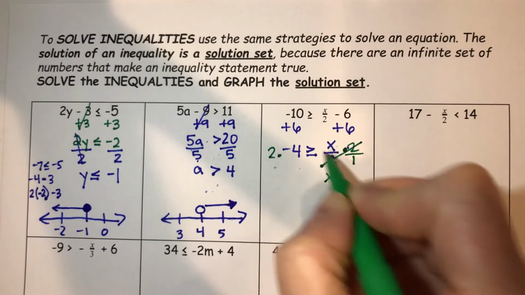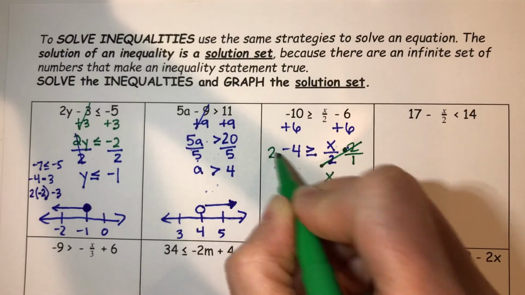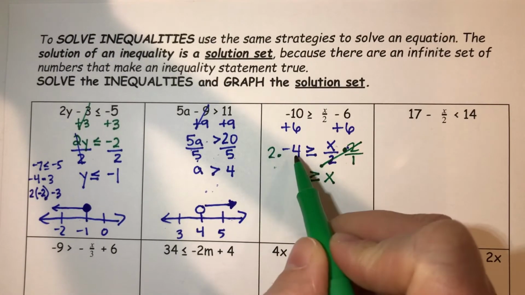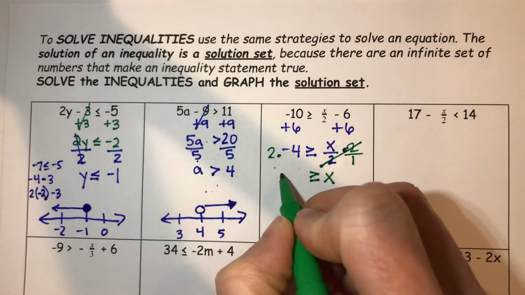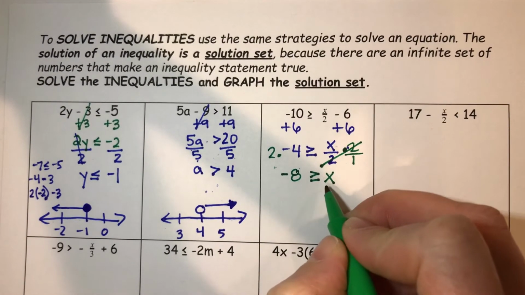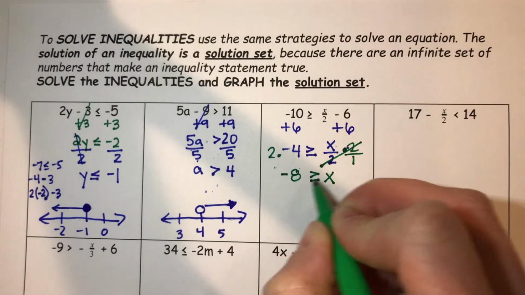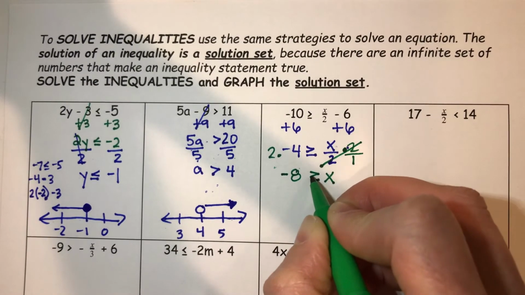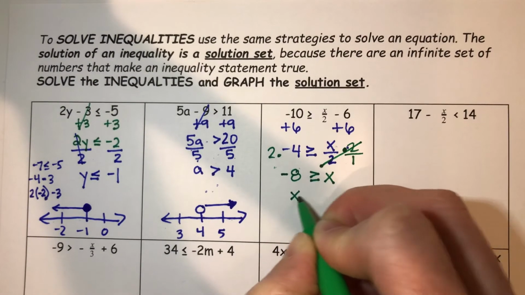X is left. I'm multiplying by a +2, so my inequality sign stays the same. And 2 times -4 is -8. Before I graph it, I do want to rewrite it with x on the left side. So if -8 is greater than or equal to x, then x is less than or equal to -8.